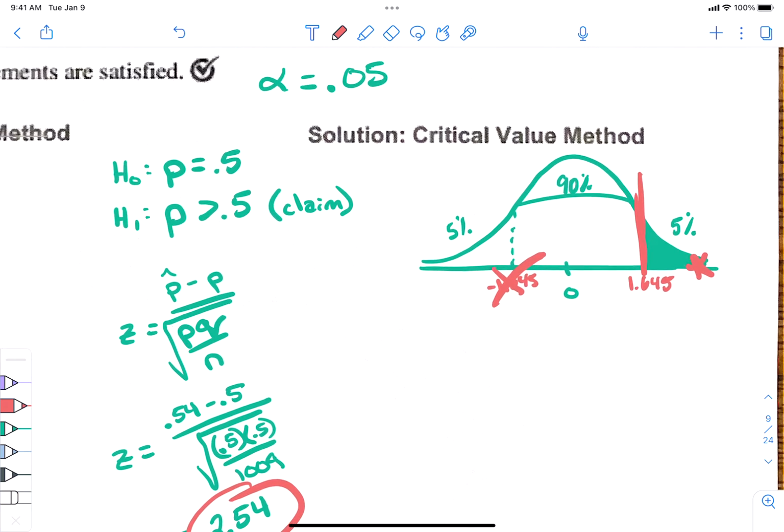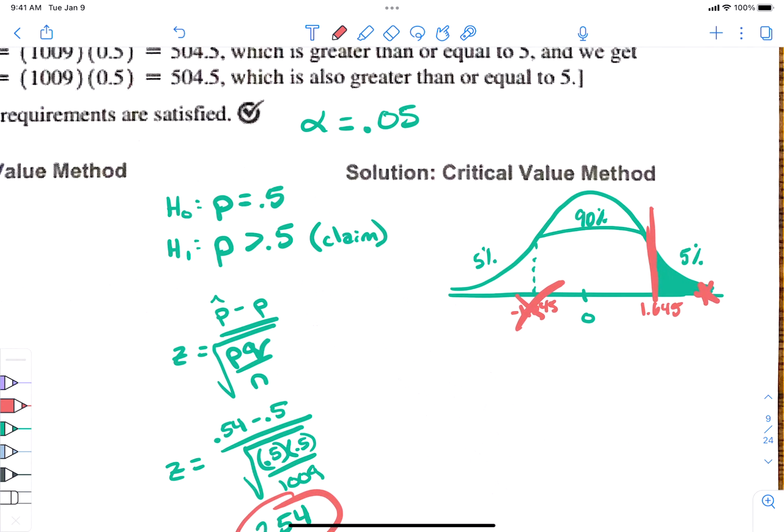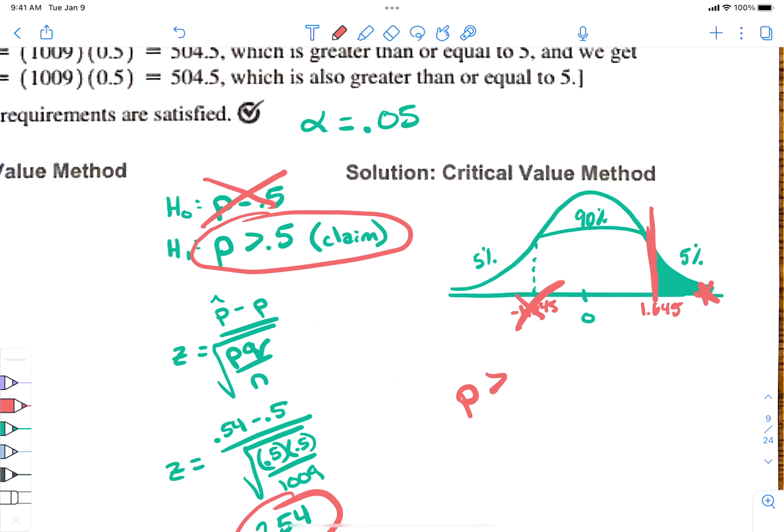So that means that we do what? Reject. We reject the null hypothesis, which is saying that according to this information, maybe not in other samples. If they run this test again, maybe their data would say differently. But according to this data that we have here, the percentage of people who prefer drone deliveries is in fact greater than 50%, right?